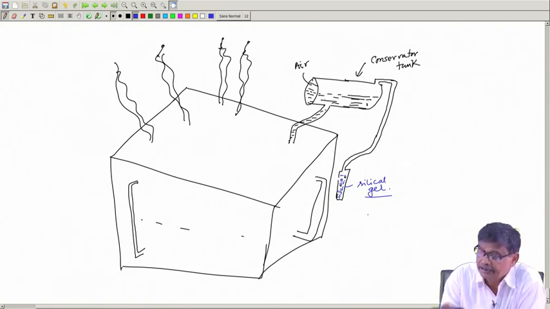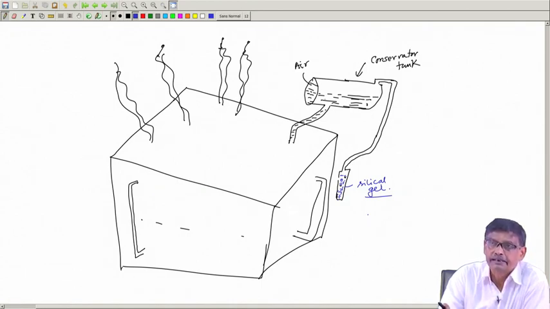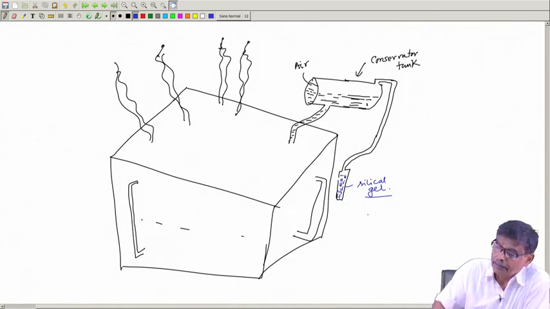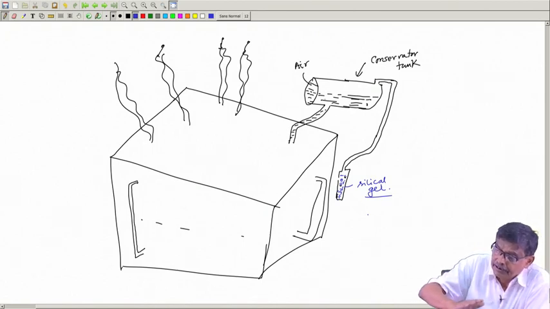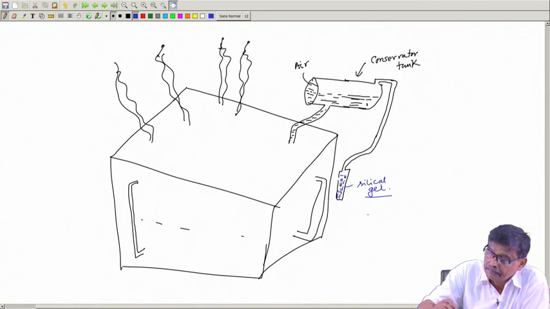Now, why is this silica gel put? Suppose you have not put silica gel, it is just like this. Then what will happen? As degree of loading changes, the air will be pushed out.